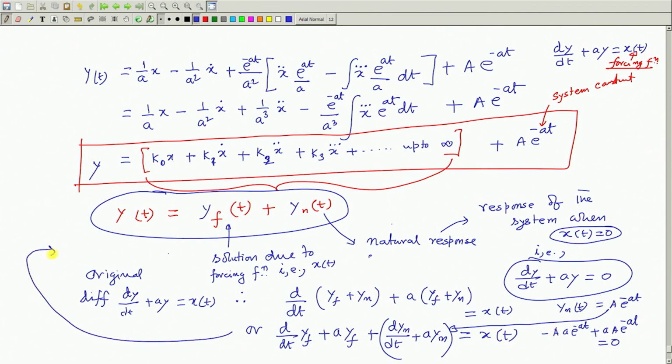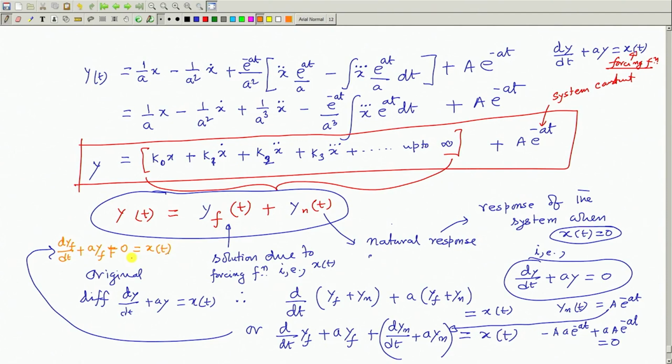Then I will say, from this to this, let me use some other color, that it will be equal to d y f dt plus a y f, plus this has to be 0, these two terms equal to x t, the excitation.